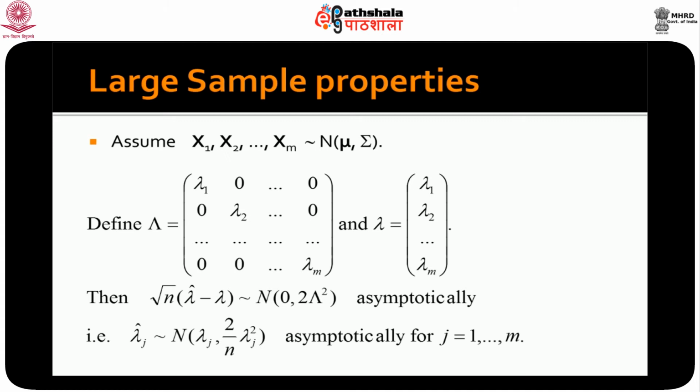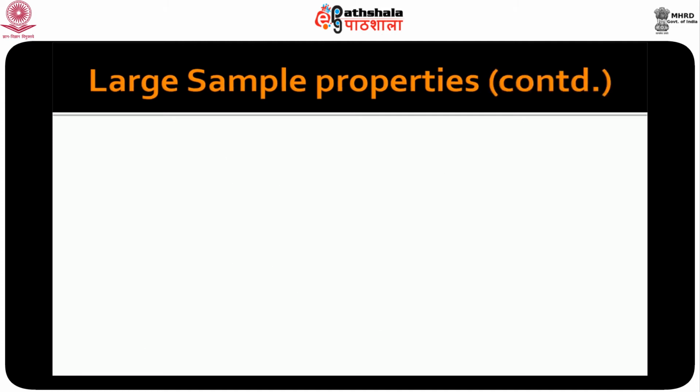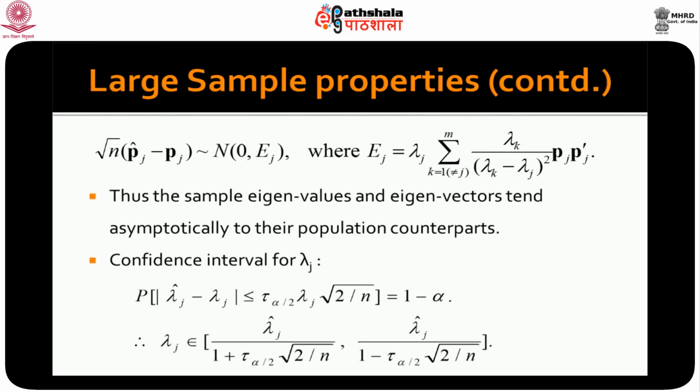So if you look at them individually, what it tells us is that each lambda j hat, if you look at the jth principal component, is approximately normally distributed with mean lambda j and variance twice lambda j square by n. Remember, capital Lambda is diagonal, therefore these are uncorrelated with each other, and hence we just need to look at the variances. So it's easy to get these results for each of the individual lambda j's.